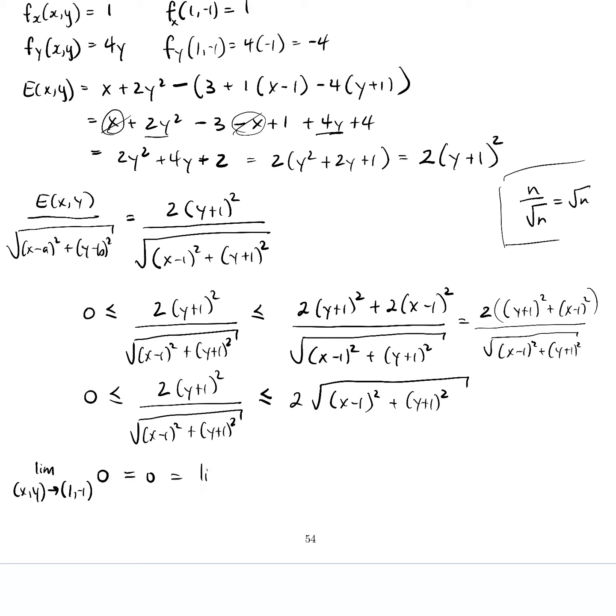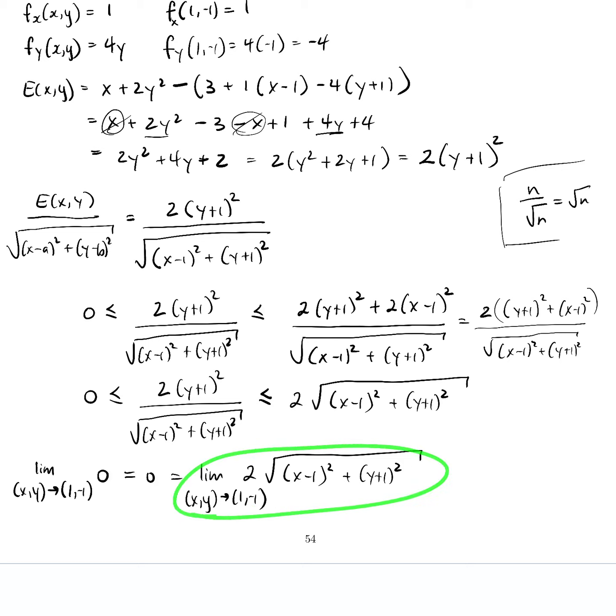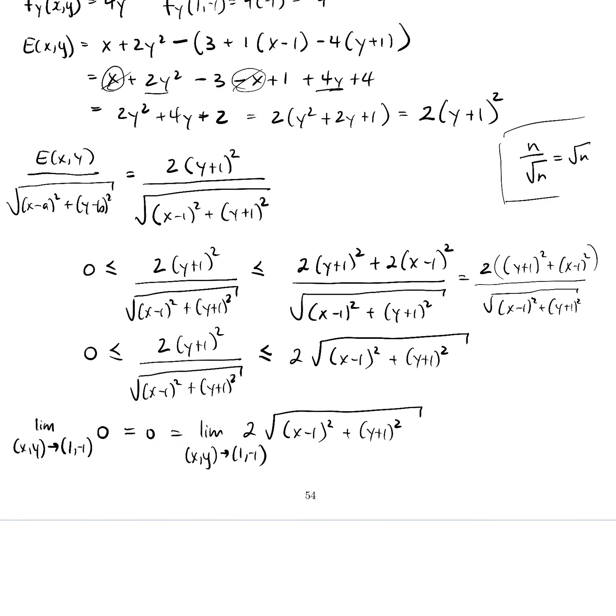And it is equal to the limit as x y goes to 1, minus 1 of this root as well. This root, if I plug in the 1 and the minus 1 here, I will get 0, and so the limit on the right-hand side is 0 as well.